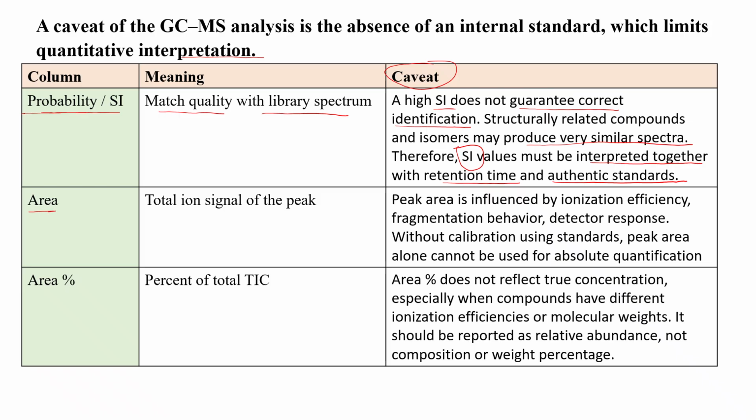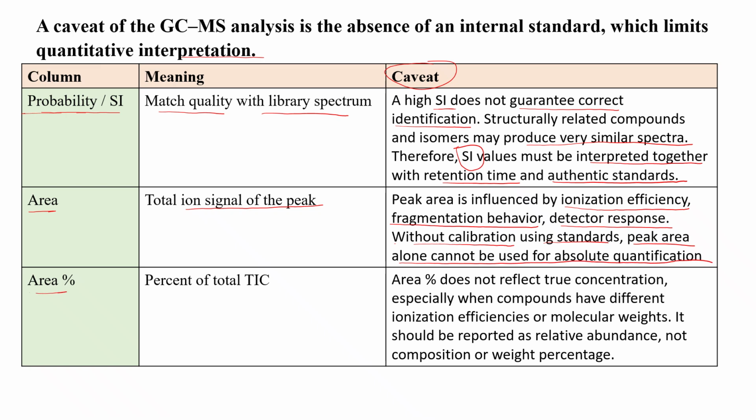Now, area, that is the total ion signal of the peak. Peak area is influenced by ionization efficiency, fragmentation behavior, detector response, and without calibration using standards, peak area alone cannot be used for absolute quantification.